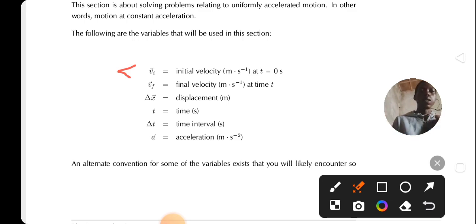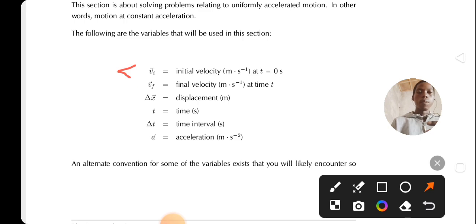So initial velocity has a unit of meter per second, at time t equals 0 seconds.